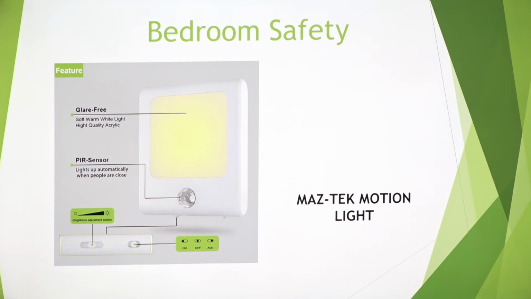You can color tune it, and make it a little bit dimmer if you don't want it coming on too bright. You plug this into a duplex outlet and it's off. When you come into the room or get out of bed, it goes on. You have light all the way to the bathroom, and when you come back, it's off again and goes on again. Any motion will set it off, and it only stays on for about 20 seconds.